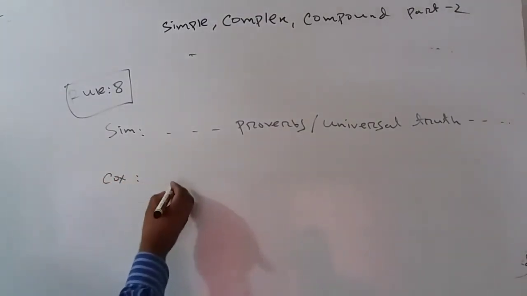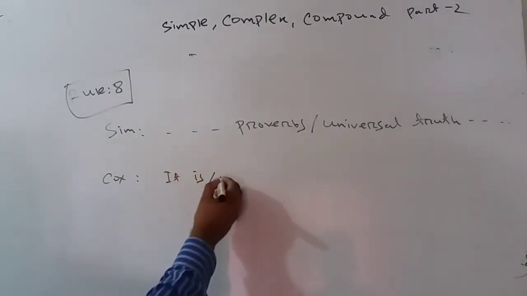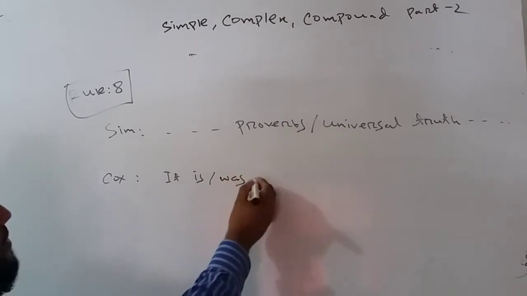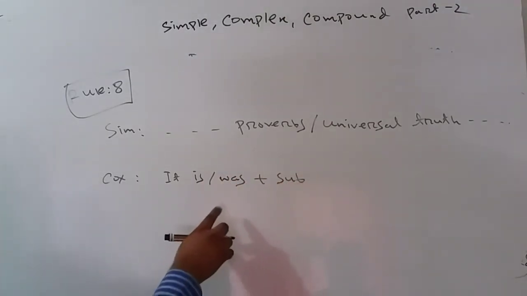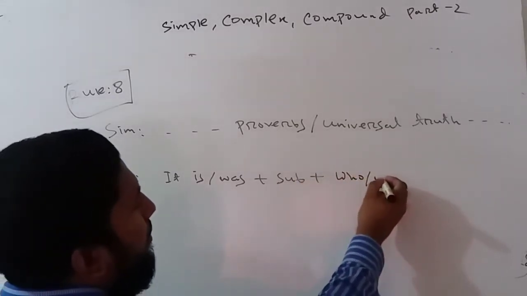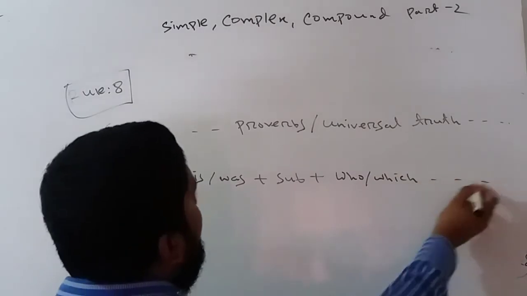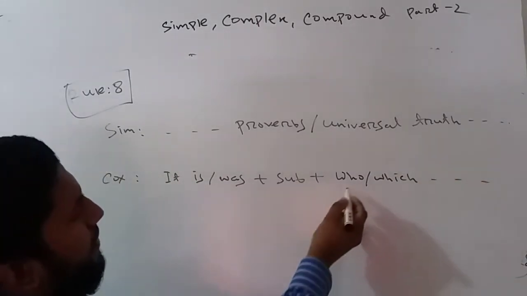For doing complex, you will have to write it is or was, then the subject, then put who or which. If the subject is a person, then we will have to use who.